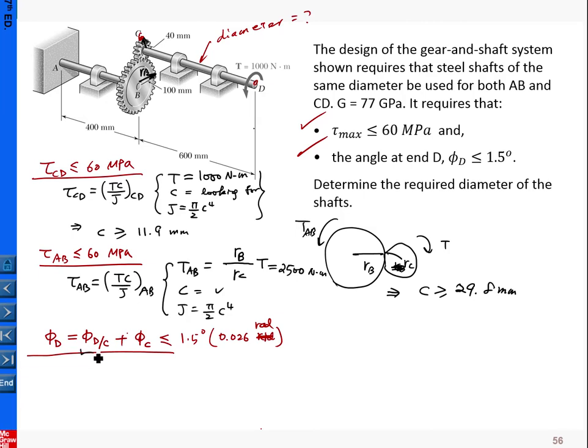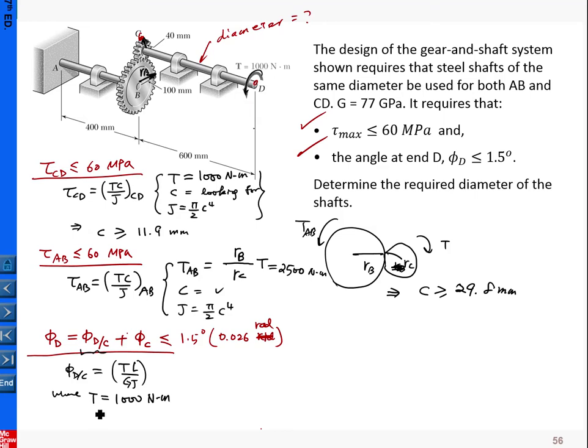The first one: what is phi CD? Phi D relative to C is the angle of twist in shaft CD, so that is TL over GJ, using this information here. T is the torque in shaft CD, which is 1000, exactly what we applied here.